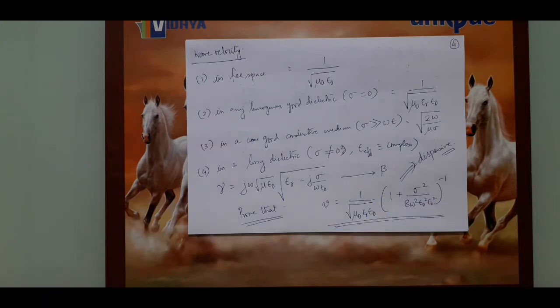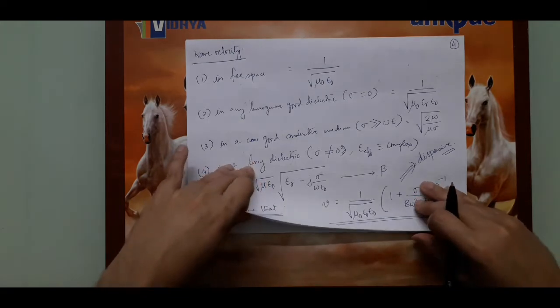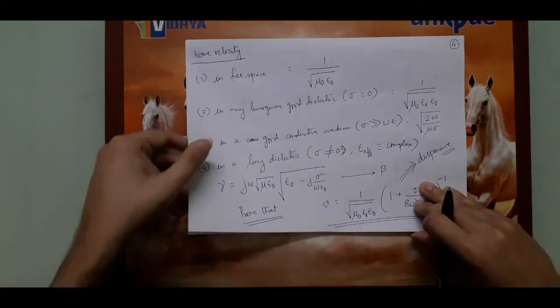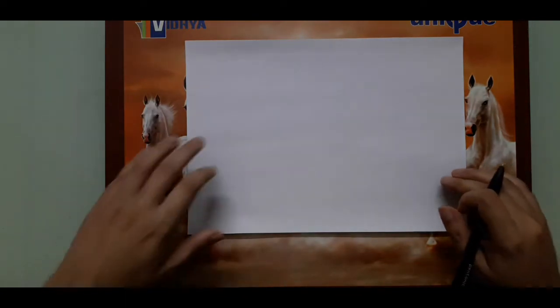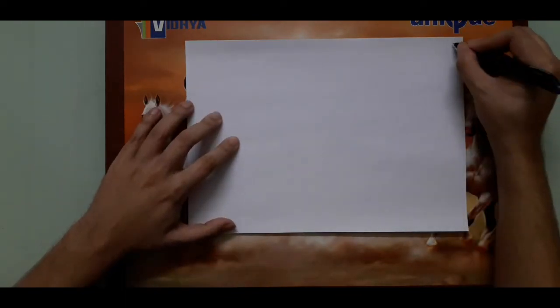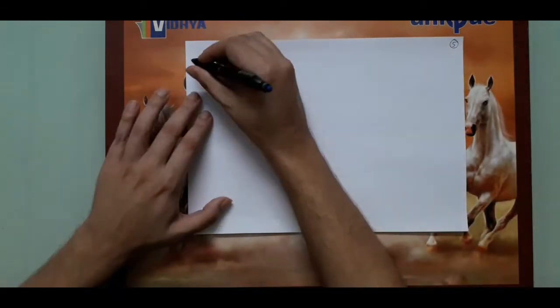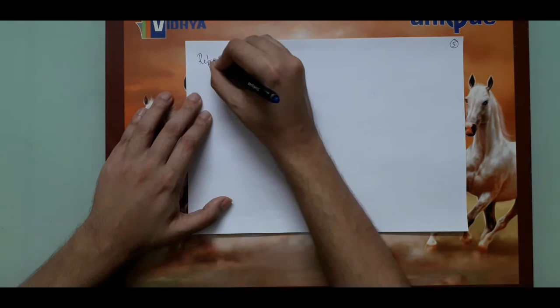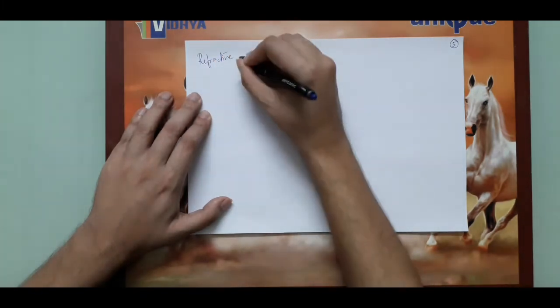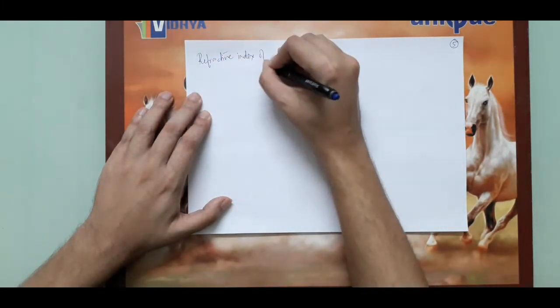So, now we can say, based on our knowledge so far and also the knowledge of physics that we have gained in high school, we can define something called the refractive index of a medium.